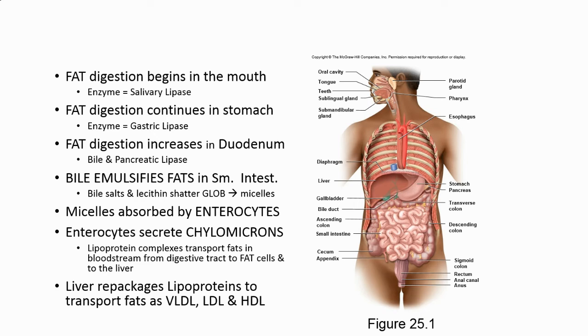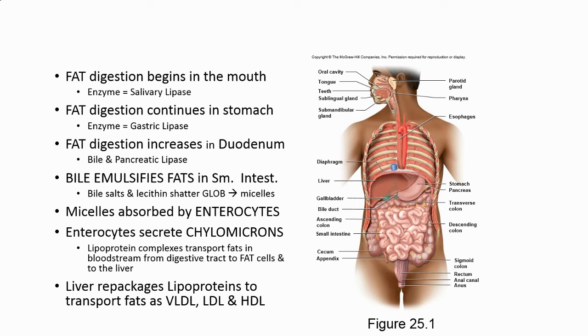Now we're going to talk a little bit about bile and how bile emulsifies fats. We'll see that the tiny post-emulsification droplets are called micelles, which are absorbed into the small intestine cells known as enterocytes.